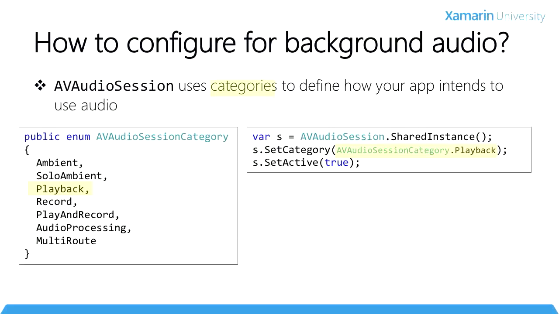We define the global behavior. Today we are going to use playback because we want our music to continue playing if the device is locked, if it's turned off, and also if the user has flipped the silent switch, so he doesn't want to receive phone calls, but still wants to listen to music.